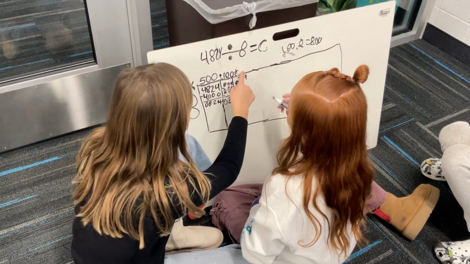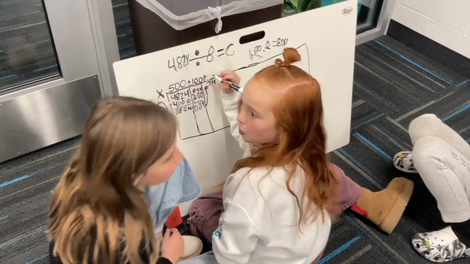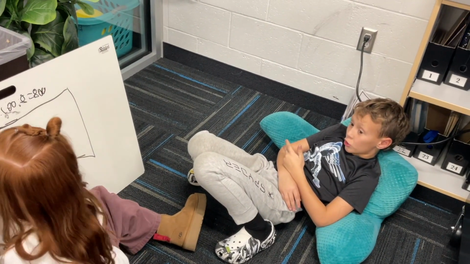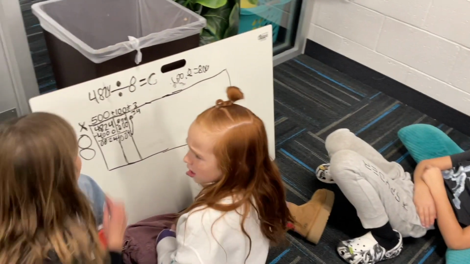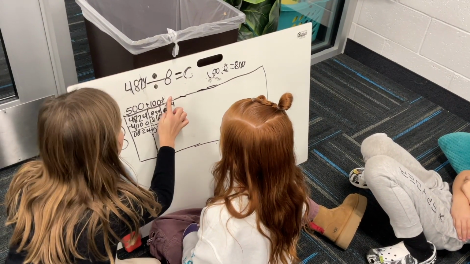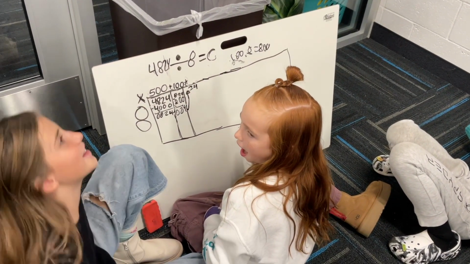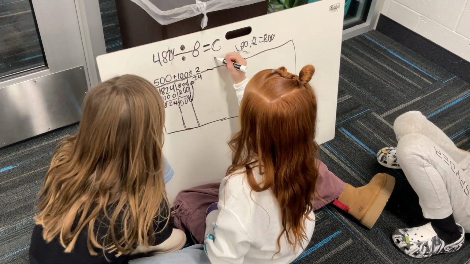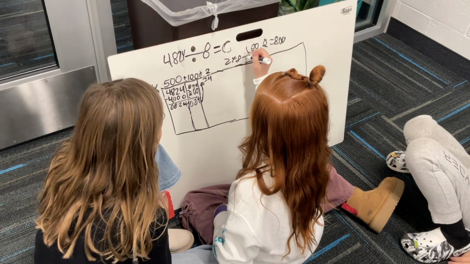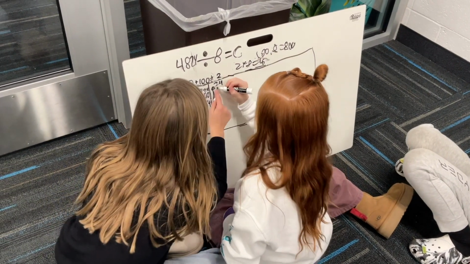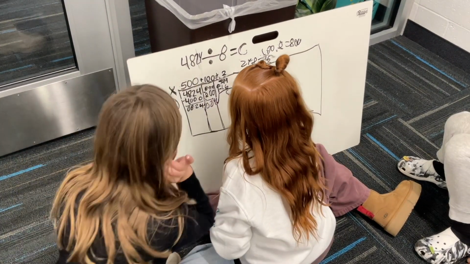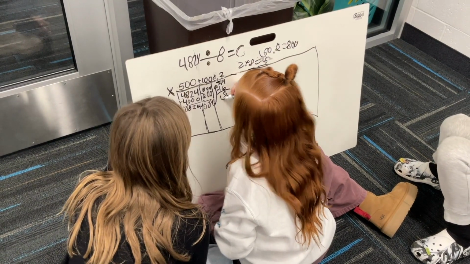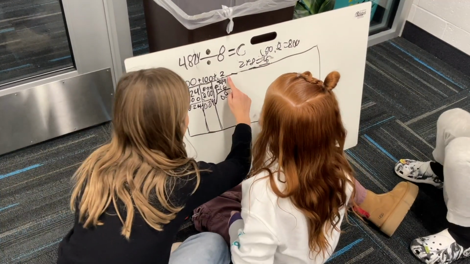That equals 240. Let's do 2. How about we just do 2, 8, 16. So that's 16. Then 1 minus 1, 0. We got to 8.